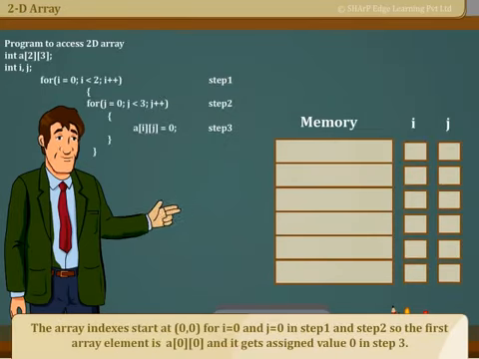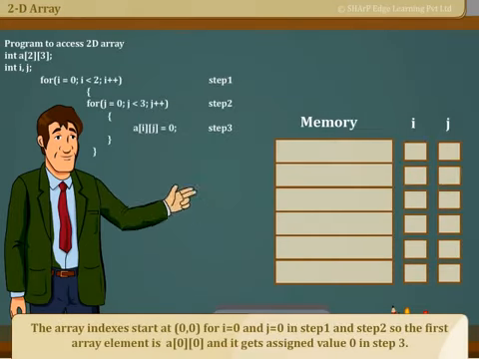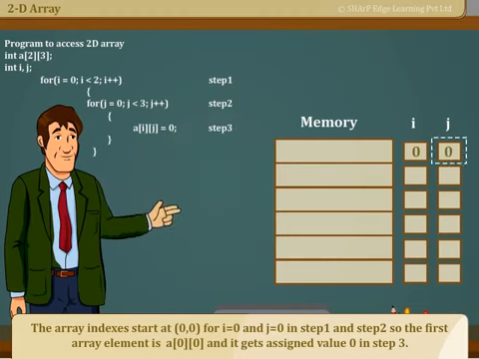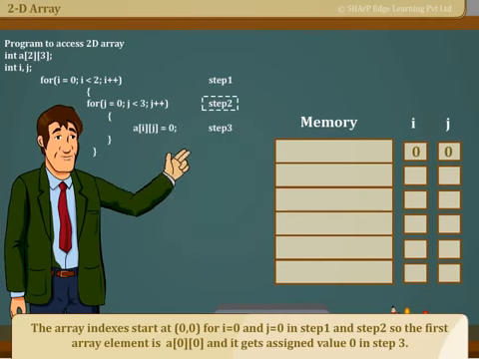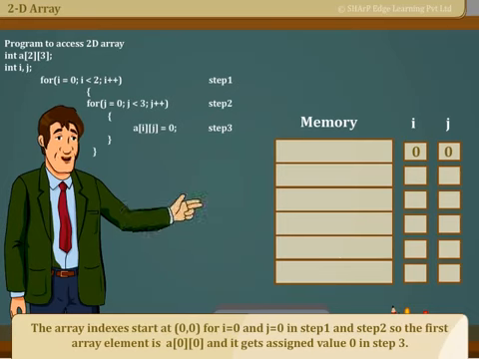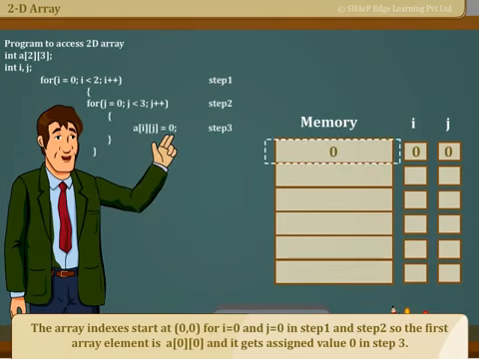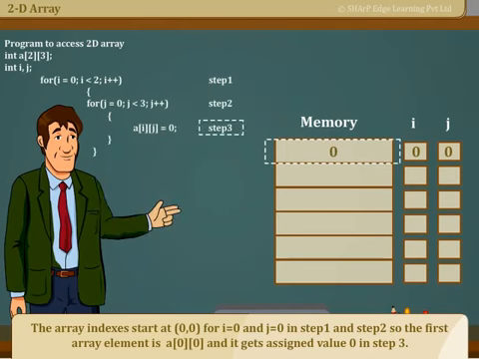The array index starts at 0, 0. For i is equal to 0 and j is equal to 0 in step 1 and step 2, the first array element is A00 and it gets value 0 in step 3.